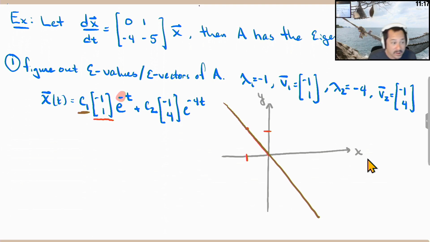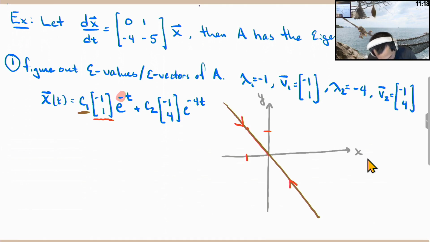I'm going to put arrows. In what direction do I put my arrows on this phase line? Do the arrows point into the origin or out from the origin? They point inwards, so I get some arrows pointing inwards. Evidently, this first eigenline is a sink from our phase line discussions from before.